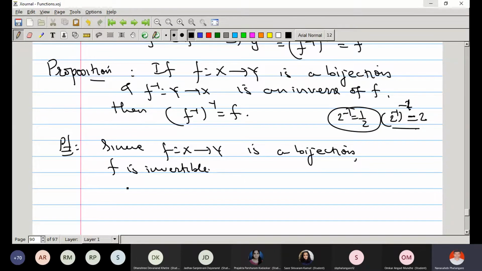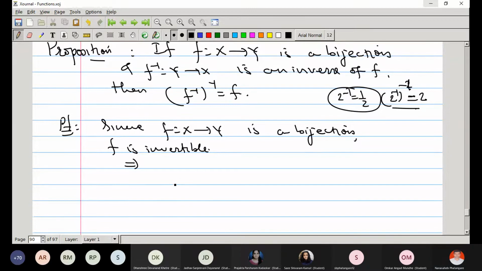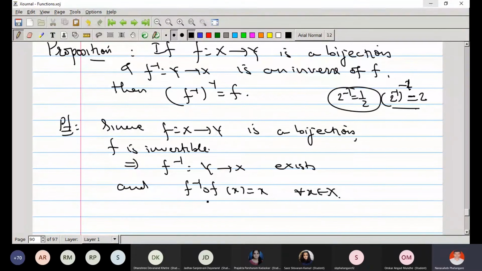Therefore f inverse from Y to X exists, and f inverse composite f of x is equal to x for all x in X, correct?